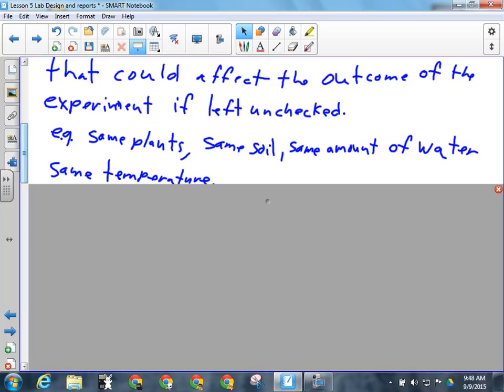So a hypothesis always contains three words: if, and, then. If this is true and this is done, then this will happen. Always goes like that. If, and, then.